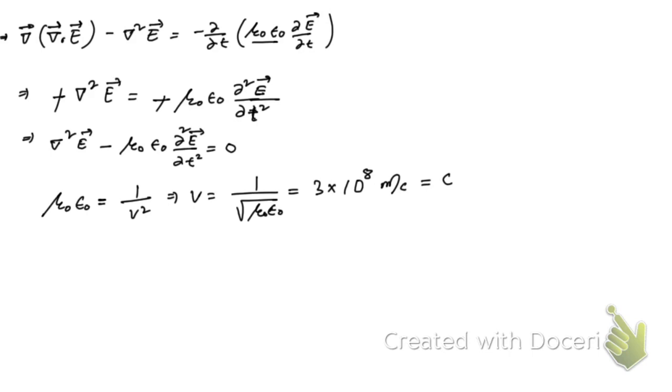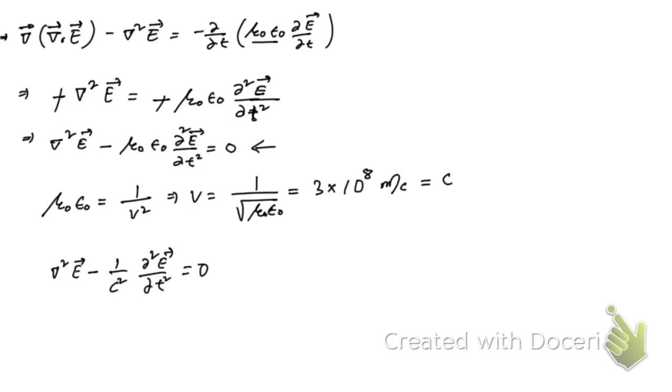So that's why this equation can be written in this form, 1 by c square, is equal to 0.